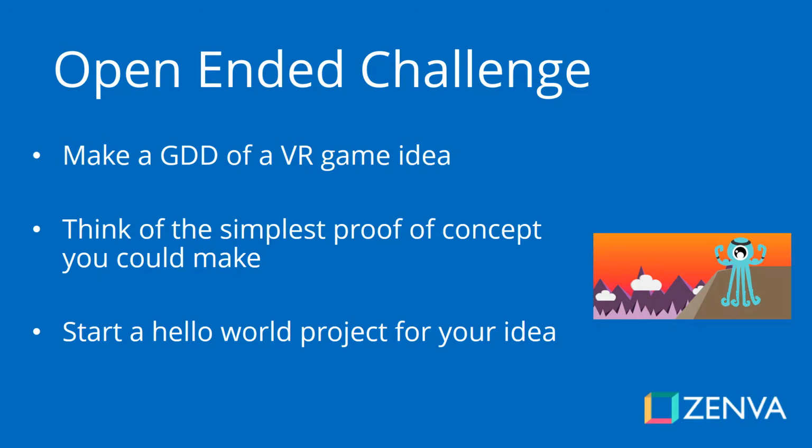And now think of how you can get to that concept in the simplest way. Let's say using just boxes and planes and spheres, just primitives, or using free assets from the asset store or from our courses. How can you create this with just one level, with just one option, with just one item? The most simple thing that you can do, and try to get that idea off the ground.